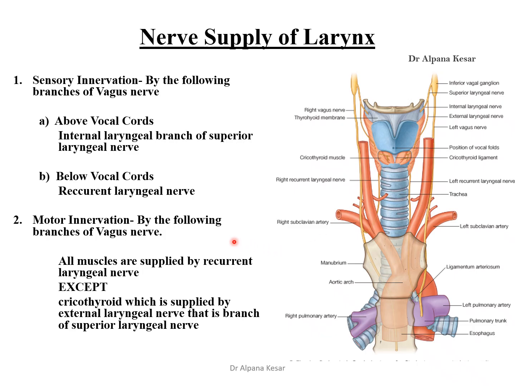Motor innervation of larynx. All the muscles of larynx are supplied by recurrent laryngeal nerve except for cricothyroid, which is supplied by external laryngeal nerve. And as we have previously seen, external laryngeal nerve is a branch of superior laryngeal nerve, which is a branch of vagus.